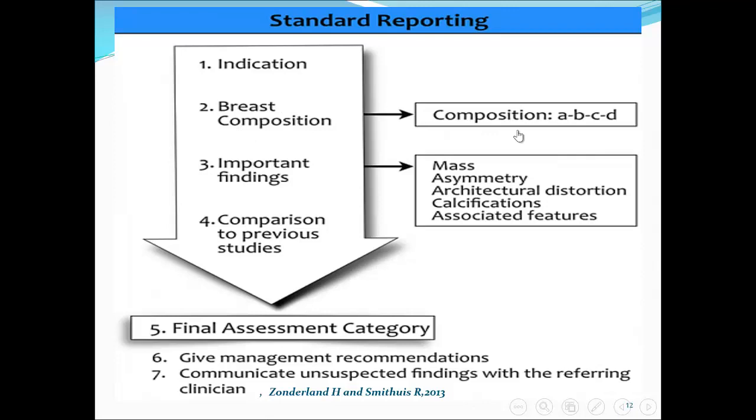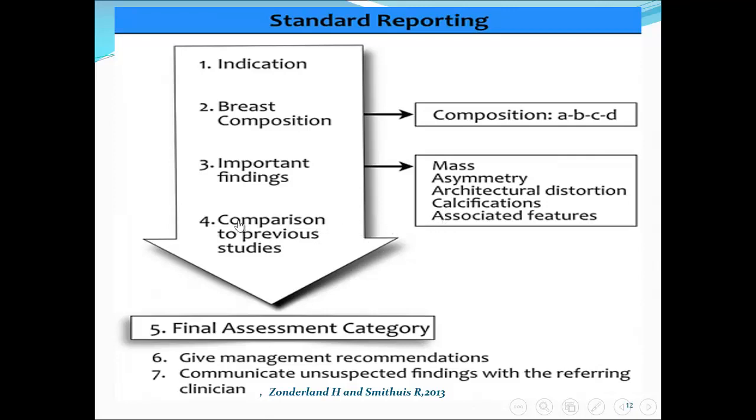The composition of the breast, whether it is fatty or scattered glandular tissue or glandular breast or markedly dense breast. Important findings, you should put presence of mass, asymmetry, architectural distortion, calcifications, and associated features like skin thickening, for example.